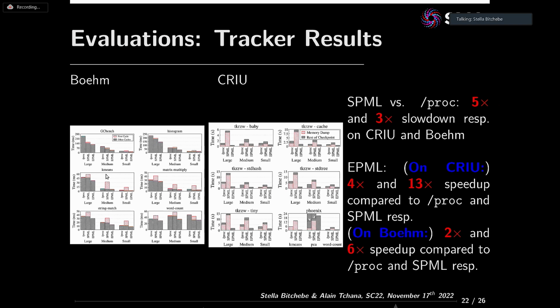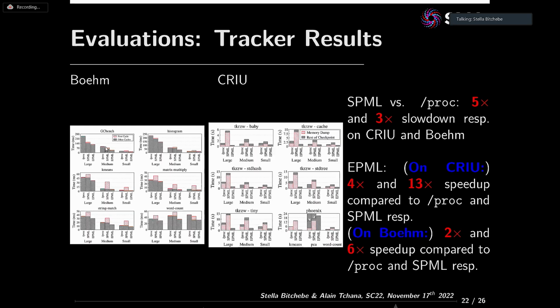Concerning Boehm, we emphasize the first cycle because it is during the first garbage collection cycle that Boehm will implement the tracking technique. For example, for shadow PML, it is during this first cycle that the garbage collector will have to do the reverse mapping.